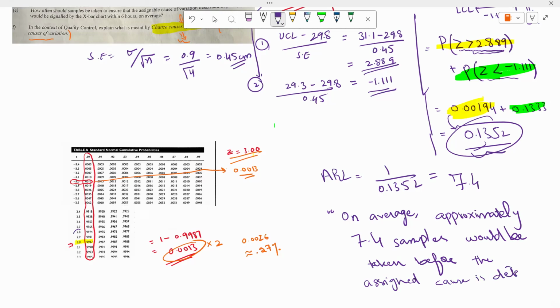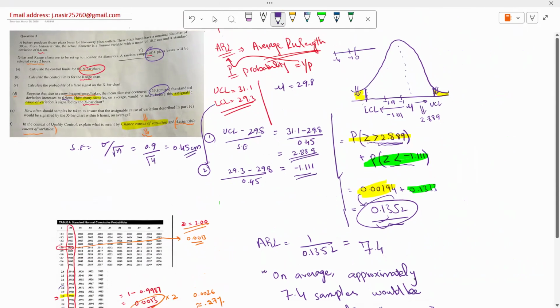And what was our assigned cause? Our assigned cause was the appointment of an inexperienced person, right? So that was our assigned cause. I hope this makes sense.